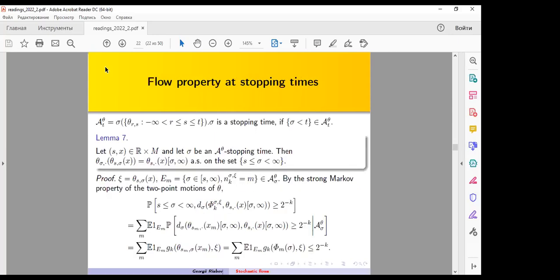In fact, similar arguments show that theta almost surely preserves the flow property at stopping times. Now, A_t is a natural filtration of theta. We can define what a stopping time is, and when we fix s and x, then almost surely on the set where sigma is bigger than s and less than infinity, we have the flow property.